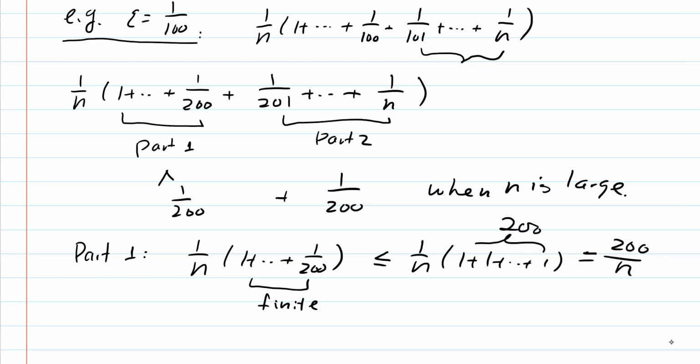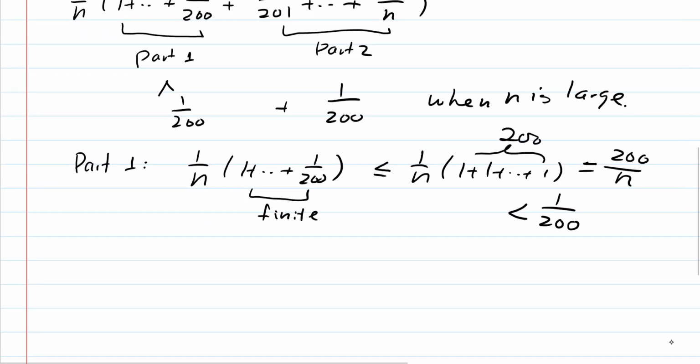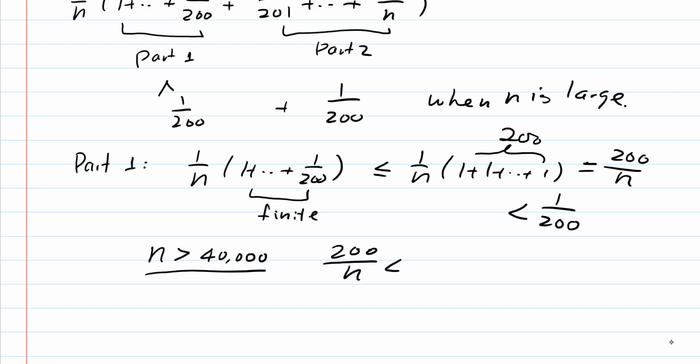And we can definitely make this one to be less than 1 over 200. How do we do that? We just need to make n to be greater than 40,000, right? If n is bigger than 40,000, then 200 over n is going to be less than 200 over 40,000, and that's going to be equal to 1 over 200.